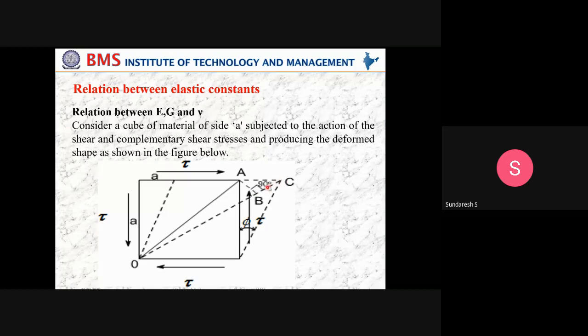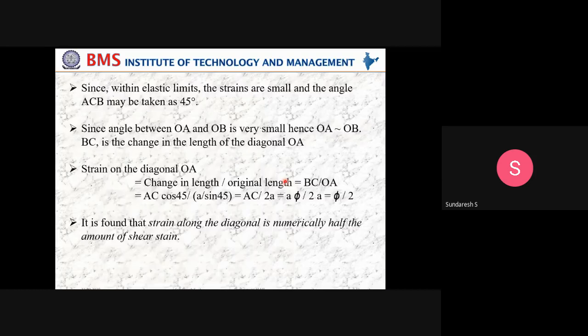So BC can be written as AC into cos 45. Can we write like this? BC is equal to AC into cos 45. That is why we have written here, in this expression, instead of BC, AC into cos 45. Right? Next comes OA.